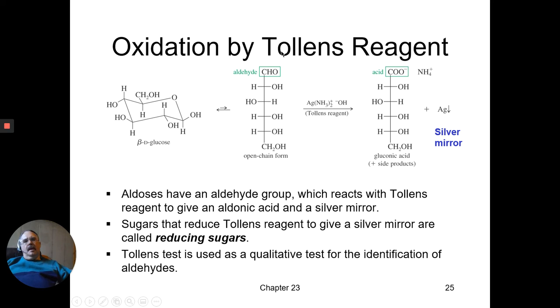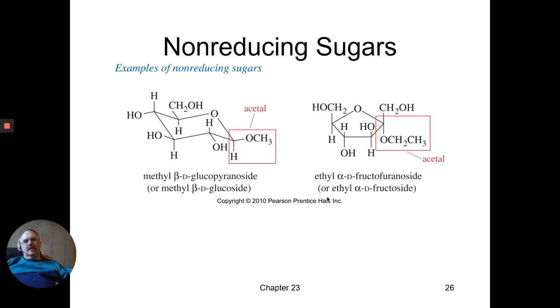There's another test for reducing sugars. It's called the Benedict's test, and this uses a solution of copper 2, which has been complexed with citrate, in basic solution, and that produces a reddish-brown precipitate of copper 1 oxide for a positive test.